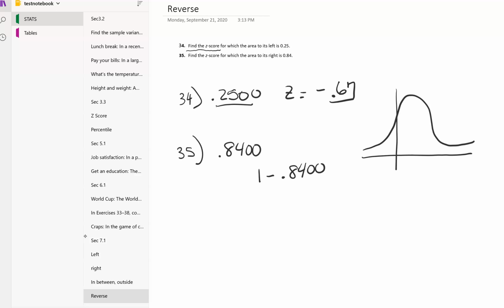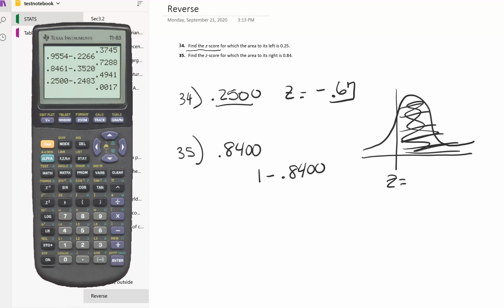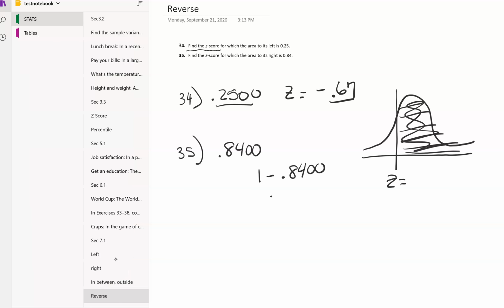That's a pretty big number. So it's all this. All of this. So I need to get, what is that? So 1 minus 0.8400 is 0.16. So 0.1600, that's what I'm going to look up.